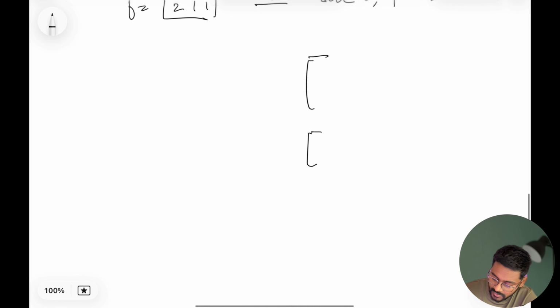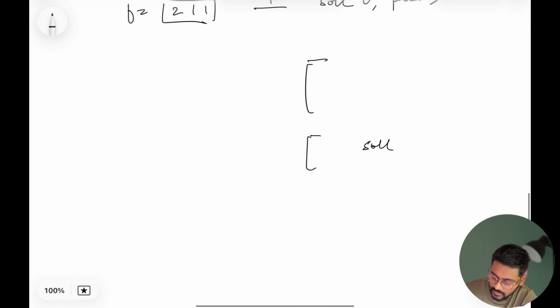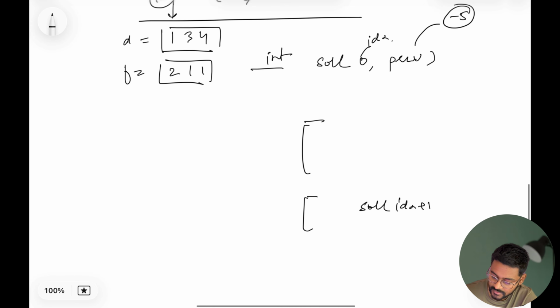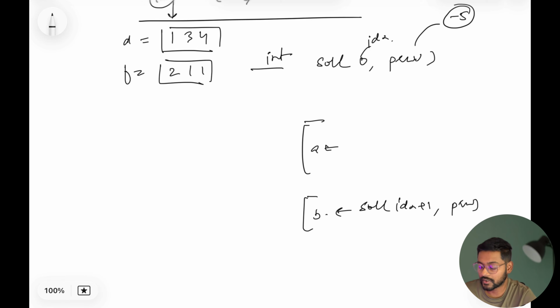If I'm excluding it, then whatever is the answer of solution of idx plus 1, this is my idx, and previous value will remain the same. So this is option B, or option A is something. I will include it only if I am allowed to include it.